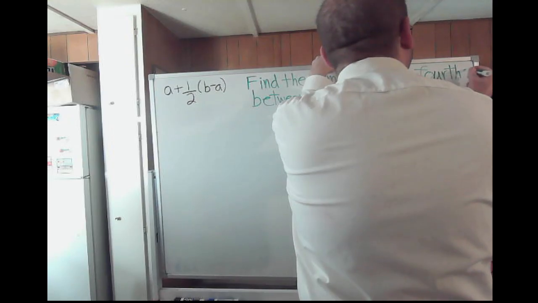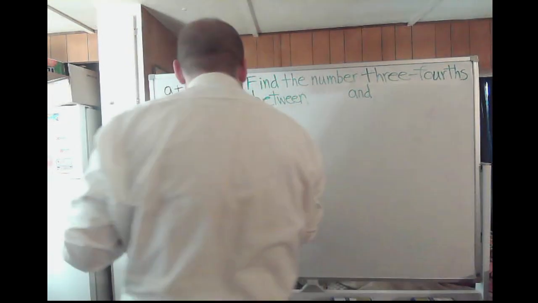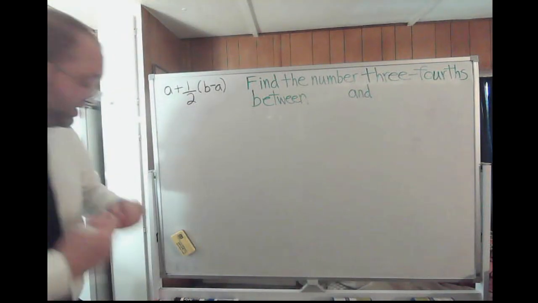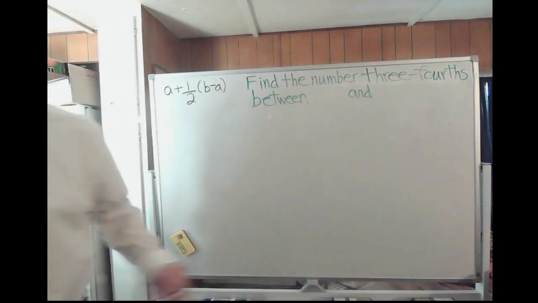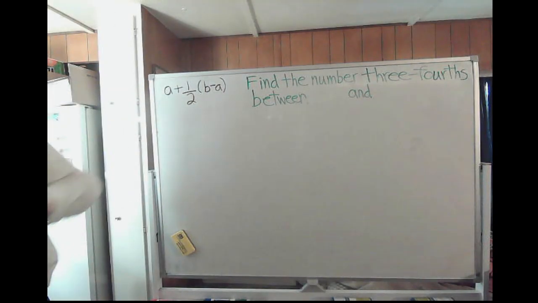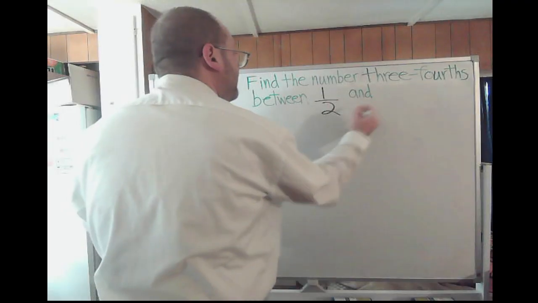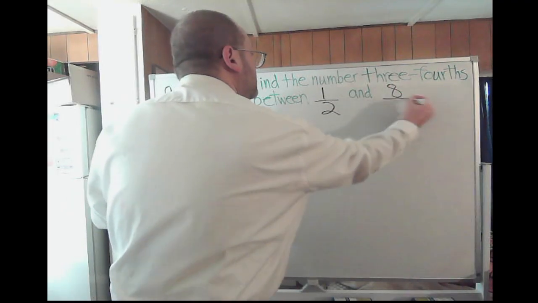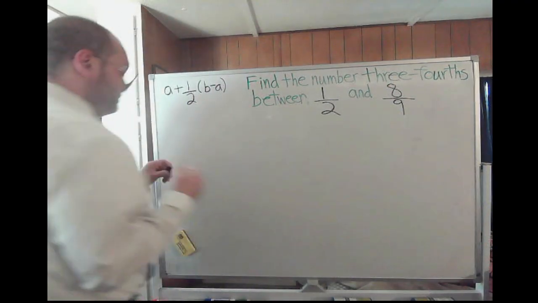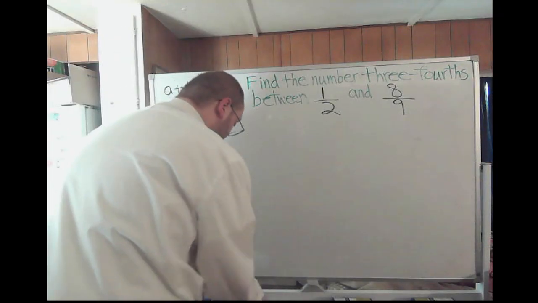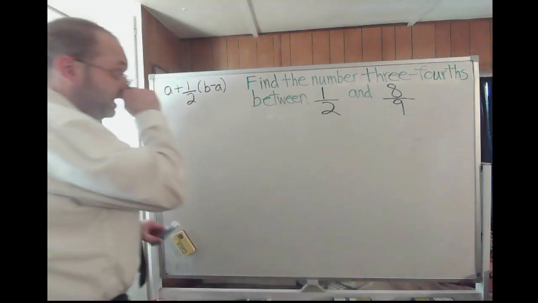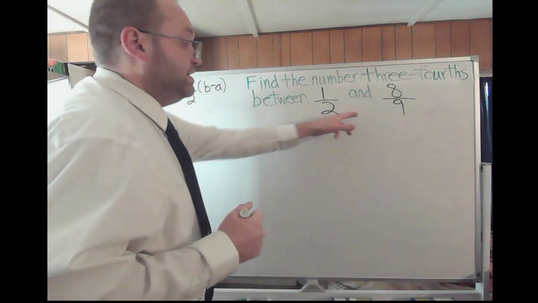Fourths. All right, so find the number 3/4 of the way between, what are those two numbers? 1/2 and 8/9. So we are being asked to find the number that is 3/4 of the way between 1/2 and 8/9.